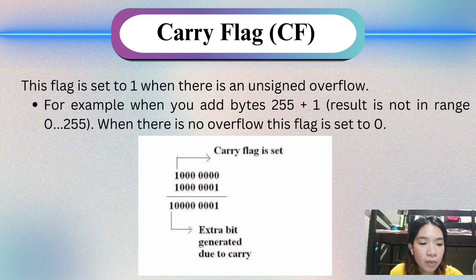For example, when adding two numbers, if the result exceeds the maximum value that can be represented, for example 255 for an 8-bit number, the CF is set to 1, indicating an overflow. This allows subsequent operations to take the carry into account.